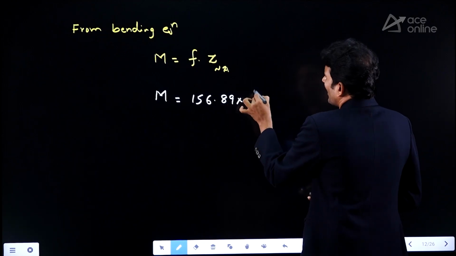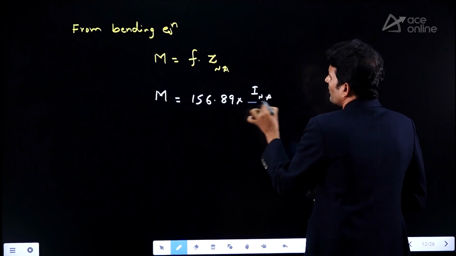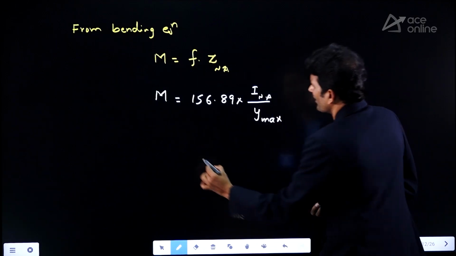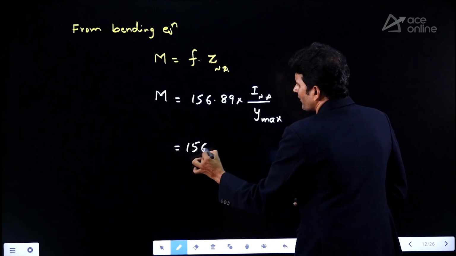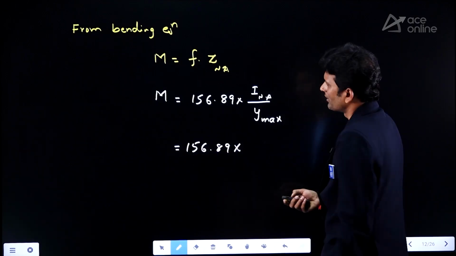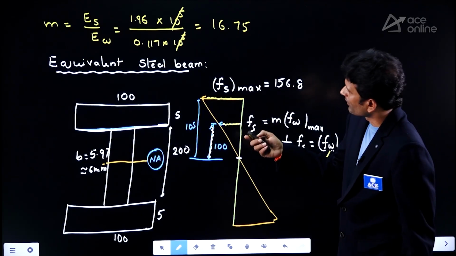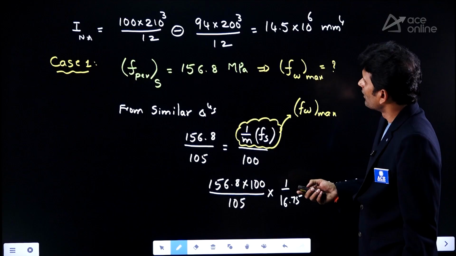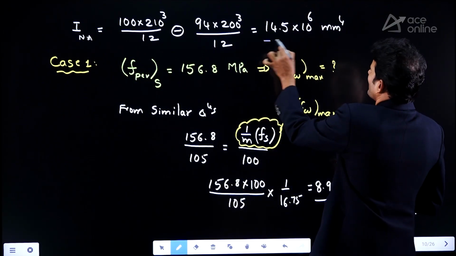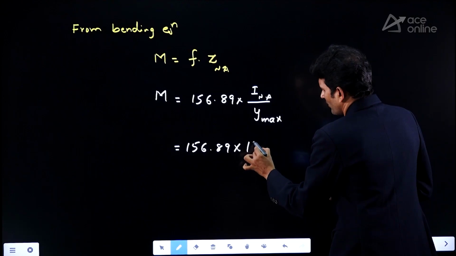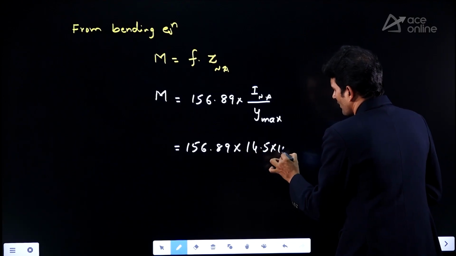M equals stress, I can take it as 156.89 into INA divided by Y max, that is ZNA. Already INA we have calculated. INA for this one, look here: 14.5 into 10 raised to 6.